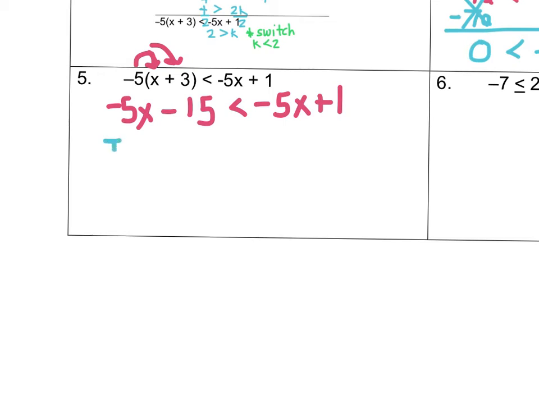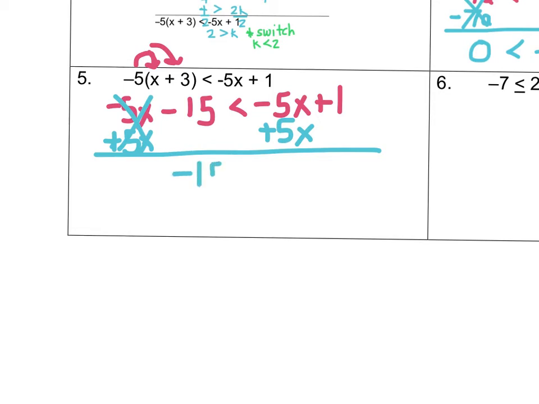So let's now try to get our variables on one side. Get our variables together. Well, as you can see, poof, our variables are gone on this side of the inequality, and poof again, they're gone. So let's look at this statement that we're left with.